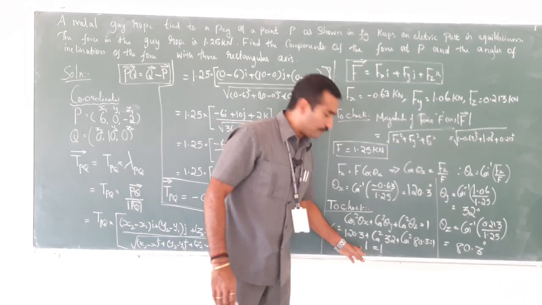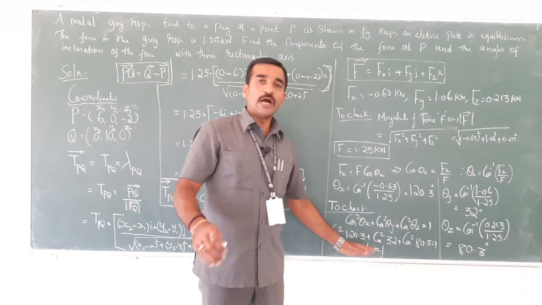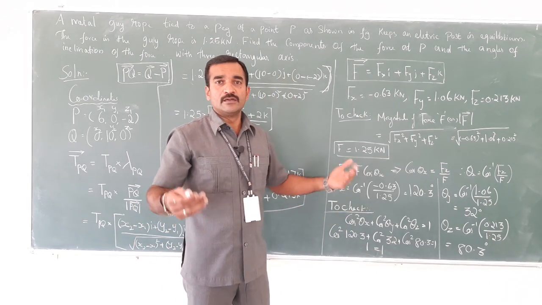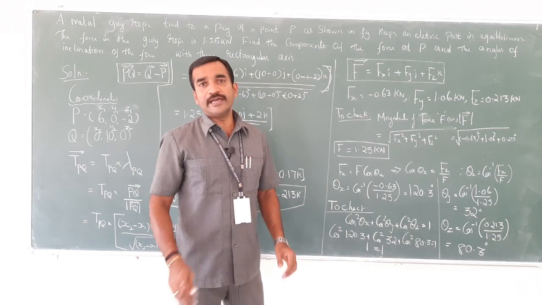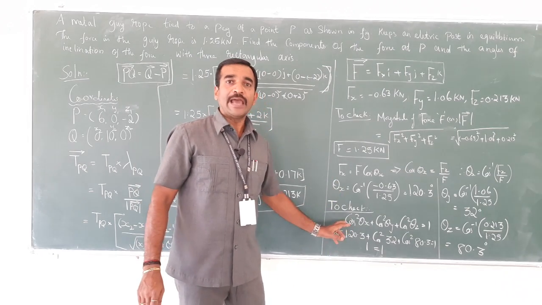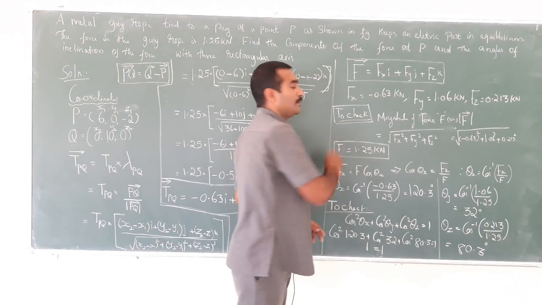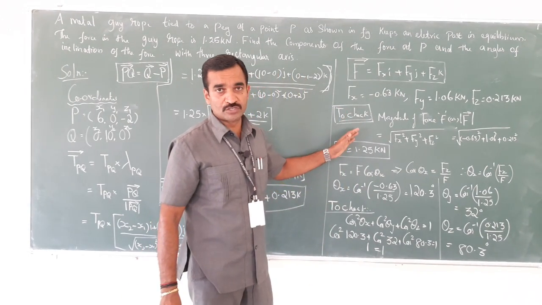In place of 1, if you get 2 or 3 or 0.5 or whatever on the left-hand side, then it is wrong. So this is to check the angles, and the earlier one is to check the magnitude of force.